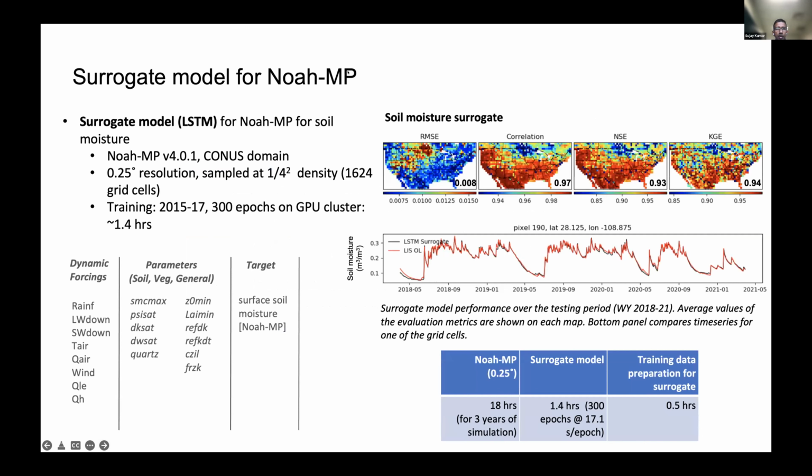So this is a quick example. We developed an emulator for Noah-MP. The performance is shown here in this time series. And at the bottom, this table shows the computational advantage. Typically, if you want to run Noah-MP for 3 years, it took about 18 hours. Comparatively, the emulator model took basically a fraction of that amount.